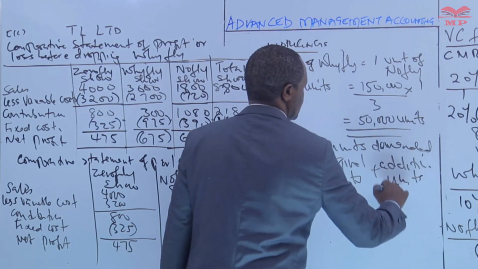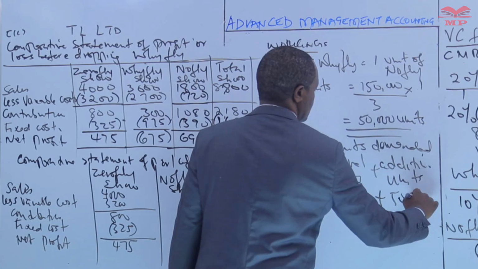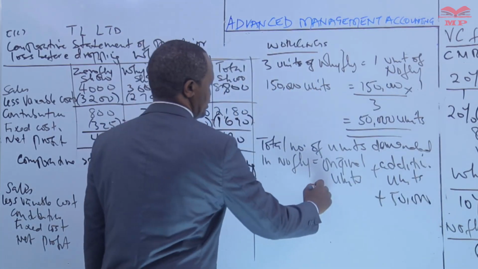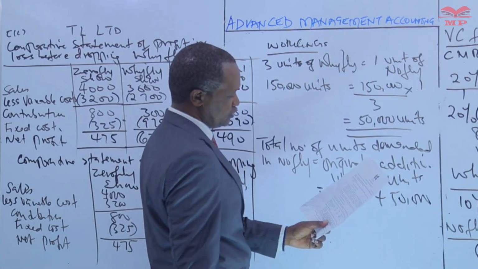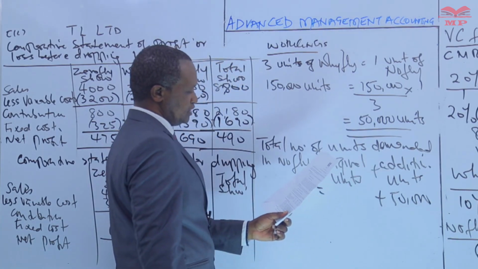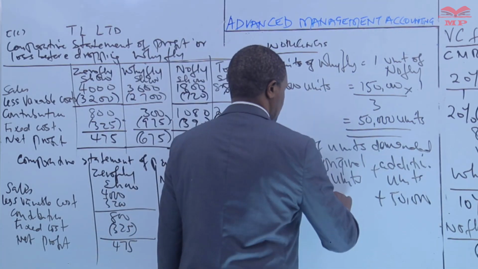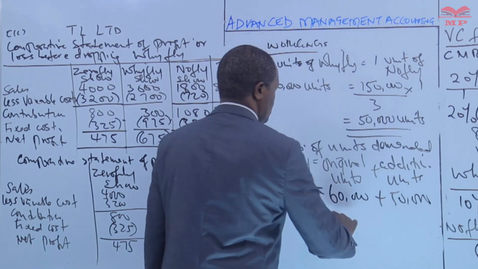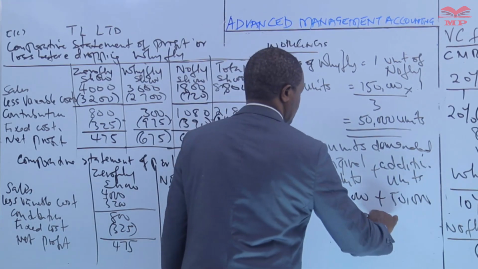The additional units are 50,000. Original units from the question are 60,000. Total 110,000.